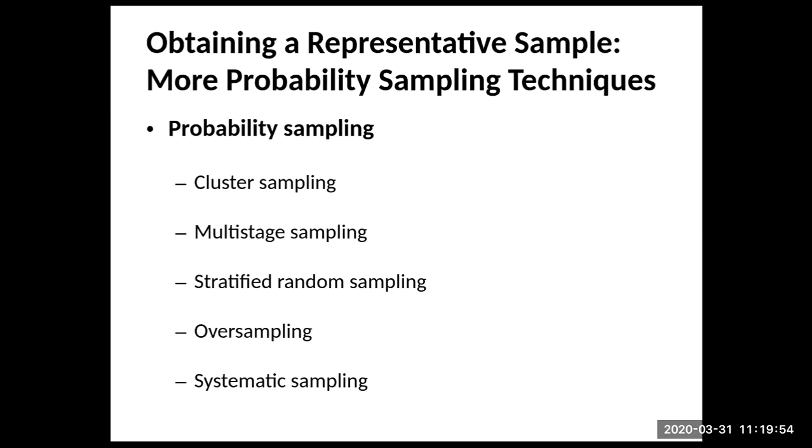So 3 rows over and 4 people back. Okay, third row, fourth chair, you're going to get tested or get a survey. And then I roll the dice again and it says 5-1. So, okay, fifth row, first seat, you're going to get tested. Things like that. So that would be systematic sampling.